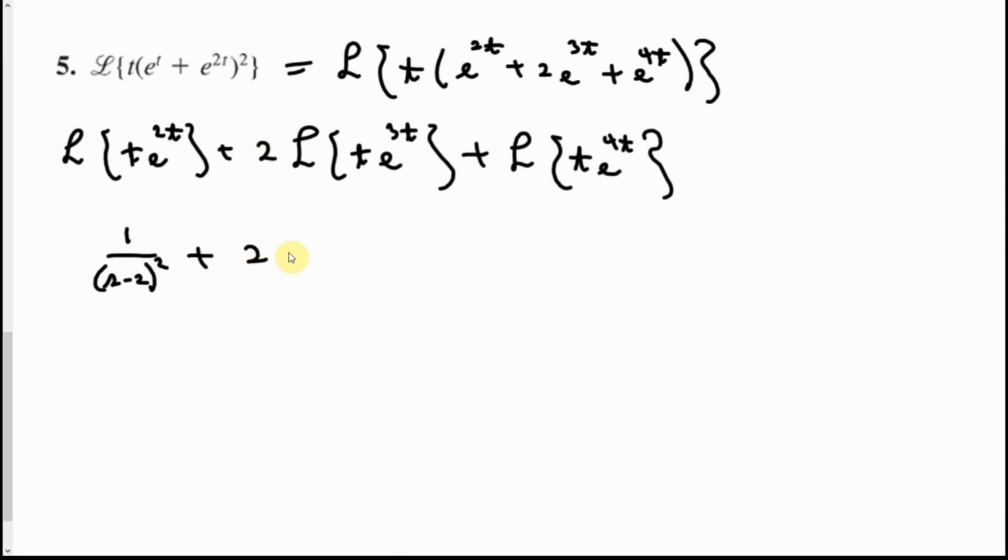And then this is times 1 over s minus 3 to the second plus 1 over s minus 4 to the second. And we can write this 2 here times the 1, just say it's 2.